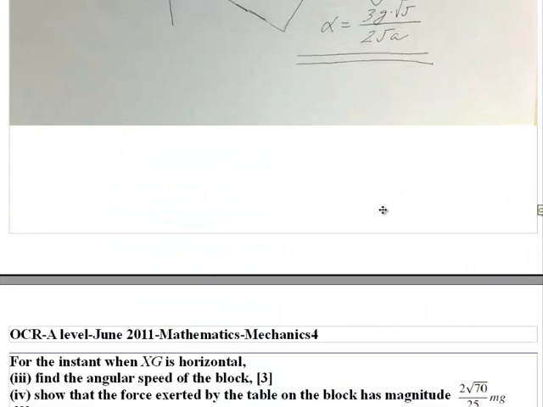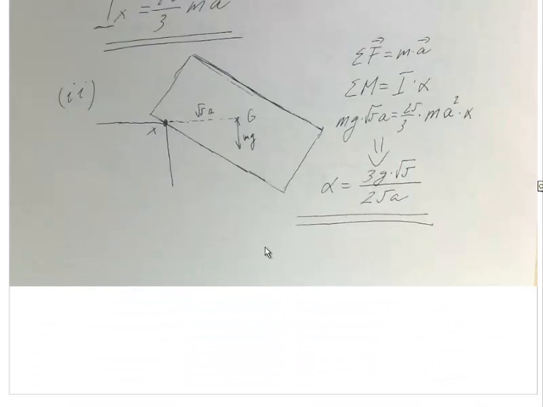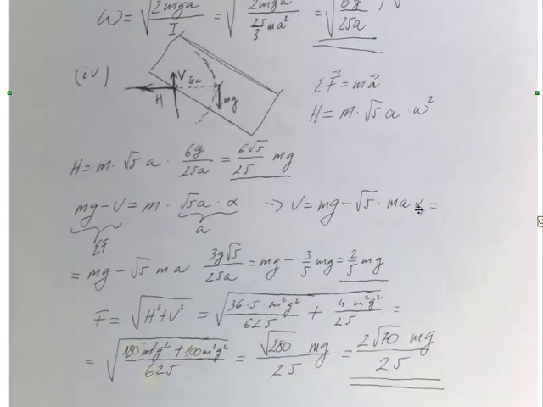We've calculated it earlier. So alpha is here. Square root of 5 times square root of 5 is 5. So 5 over 25, 1 over 5. It is here, and simplify by a. And 5 fifths minus 3 fifths is 2 fifths, m times g.